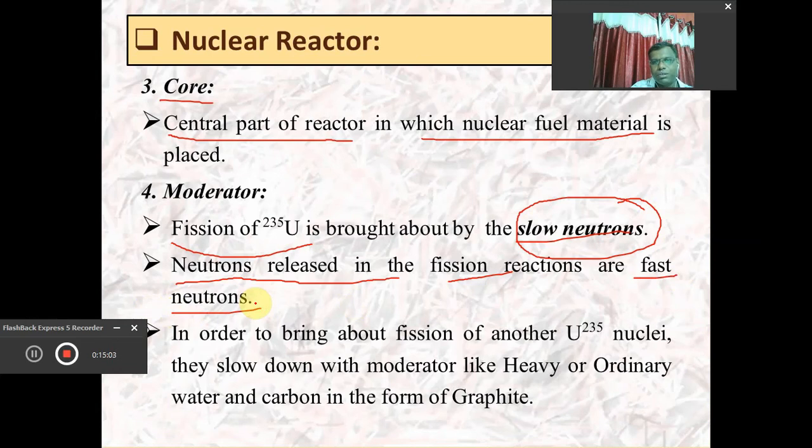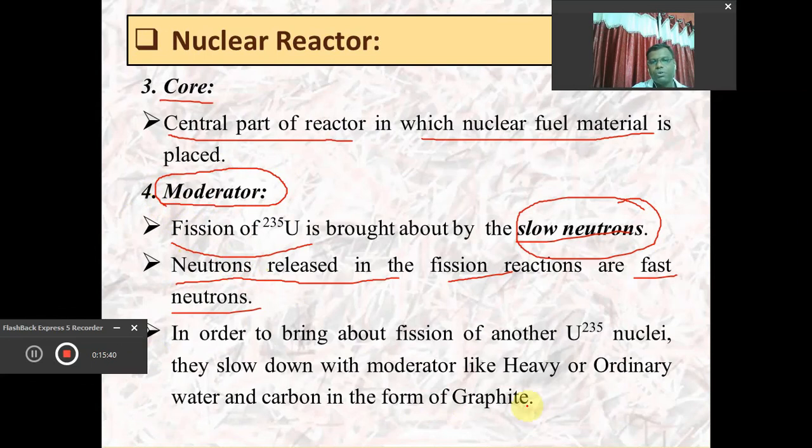In order to convert these fast neutrons which are released in the process of nuclear fission, they should be converted into slow neutrons for the nuclear fission, and this is done with the help of a component called a moderator. So whatever substances or materials are used to convert fast neutrons into slow neutrons are called the moderator.